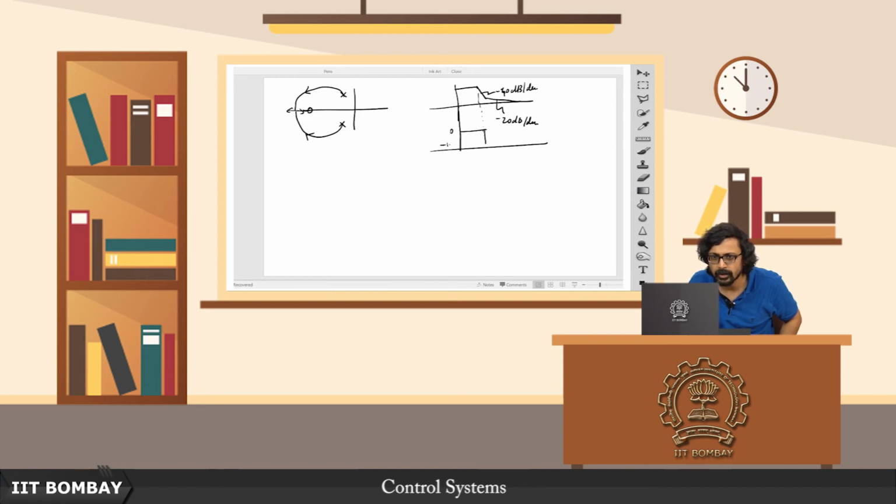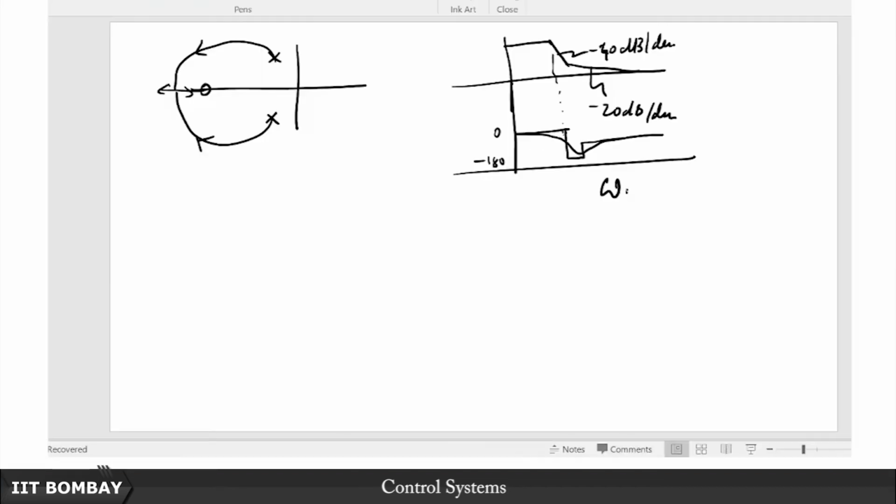So, this is 0, this is minus 180, it will go up till here, and then it will jump up to 90 and continue like this. So, your phase plot will be something like this. You see in this case your system never goes to minus 180 degrees. So, omega PCF tends to infinity.